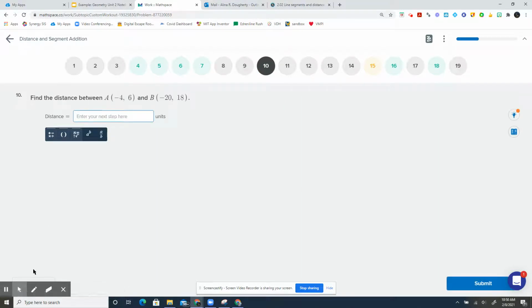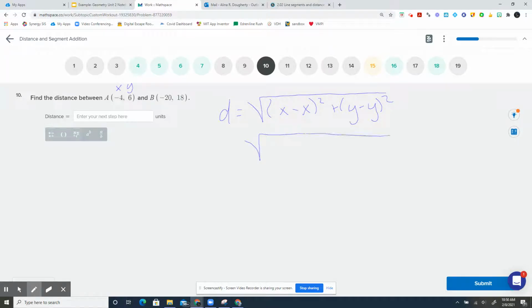Question number 10, find the distance. So now it's just time for you to shine. Remember, distance equals the square root of x minus x squared plus y minus y squared. Do this math on a piece of paper. Keep this in your digital or in your paper notebook, right? So I'm going to do x and y. I'm going to do -4 minus, and then 6 minus.